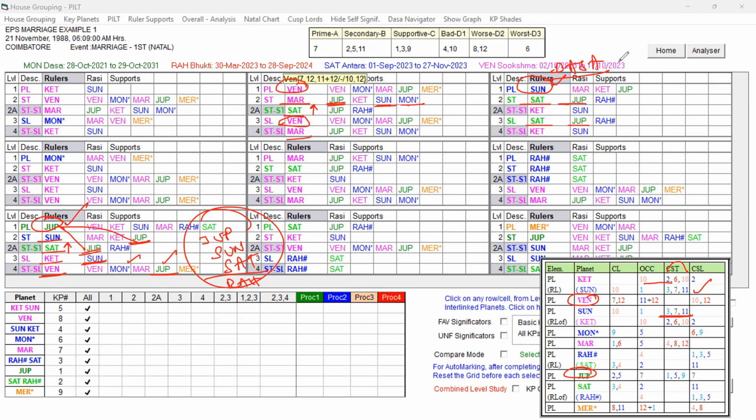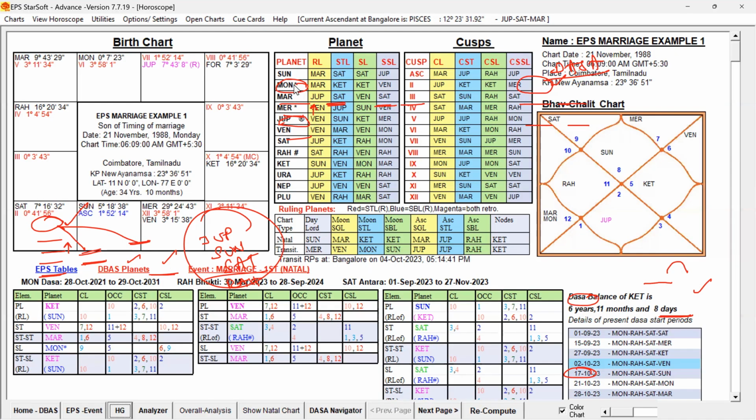Now let us check that Sun sub-sublord, because Sun is in own star. Sun planet in the sub of Jupiter. So Jupiter is our primary cuspal sublord, strong destiny planet. So the destiny planet itself is the sub-sublord for the Sun.